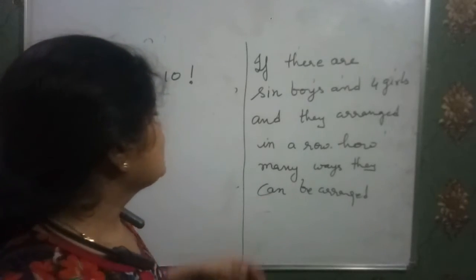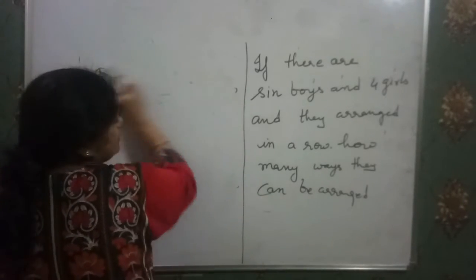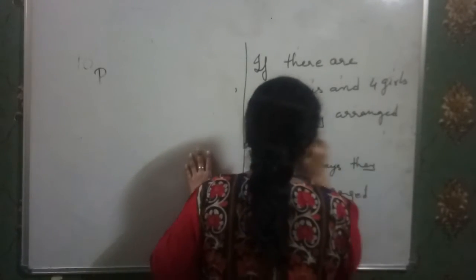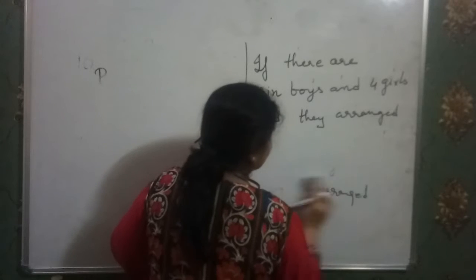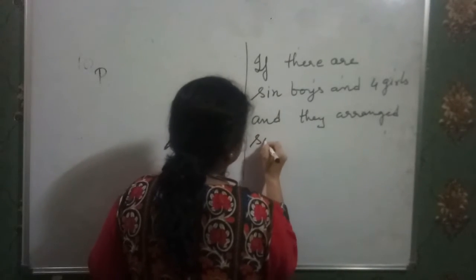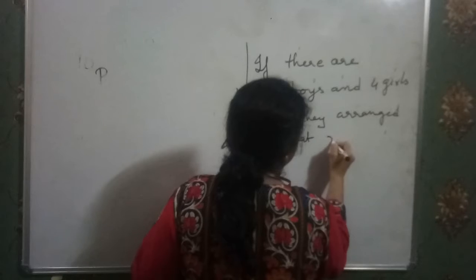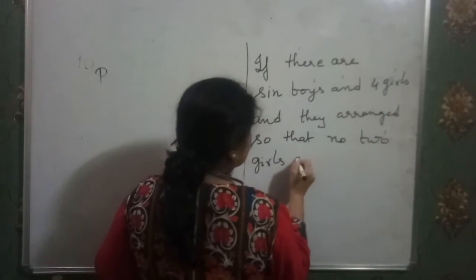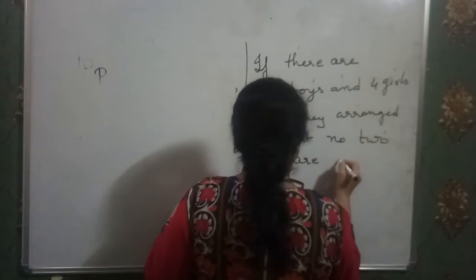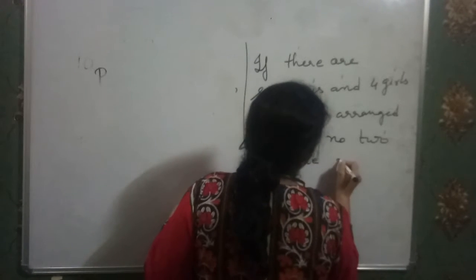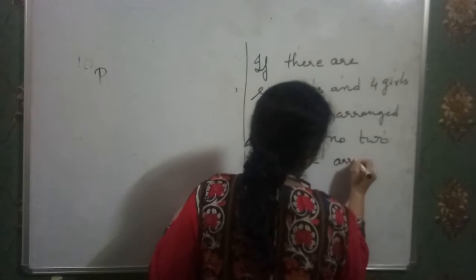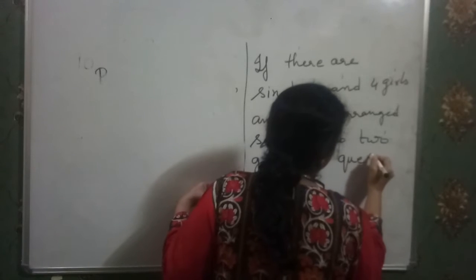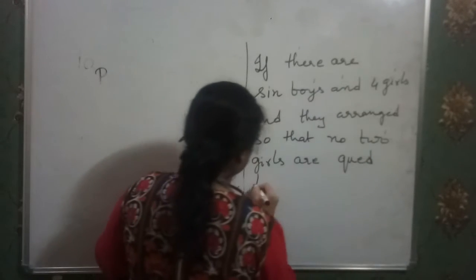Now suppose our question is changed in this way: 6 boys and 4 girls are arranged in a row so that no 2 girls are queued together.